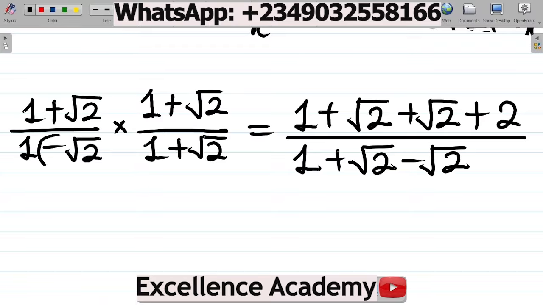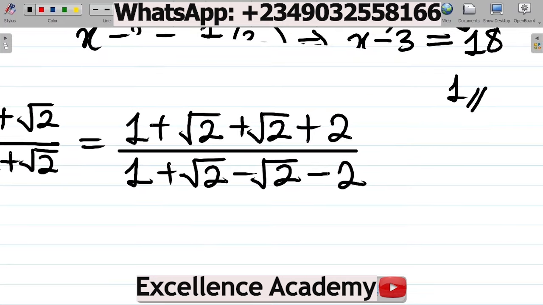Then you have minus root 2 multiplied by plus root 2. First things first, minus times plus gives you minus. So I have minus root 2 times root 2 gives you 2. Let's simplify this.